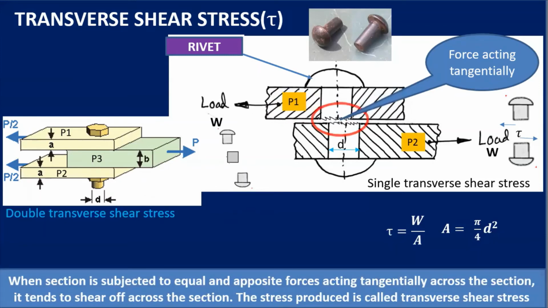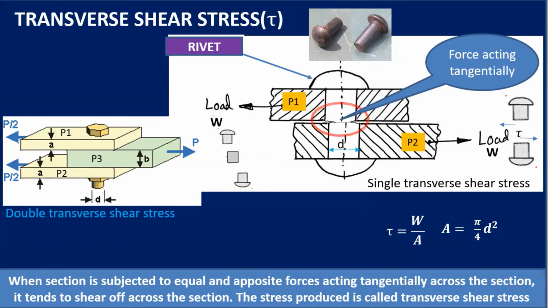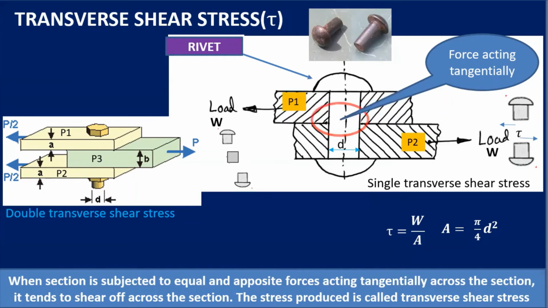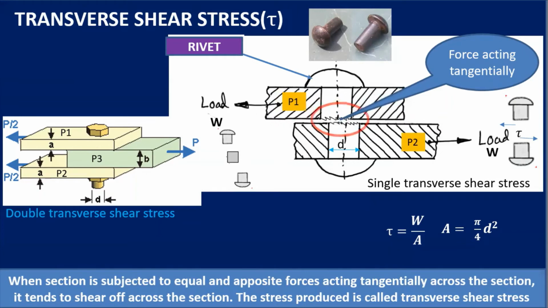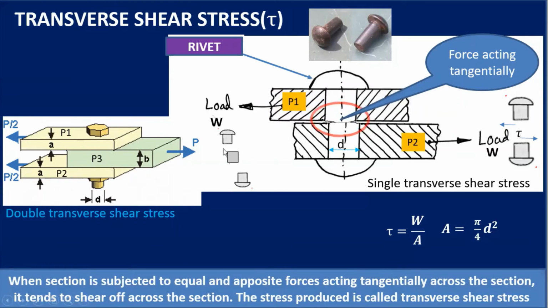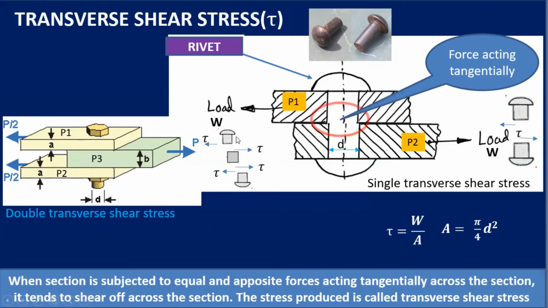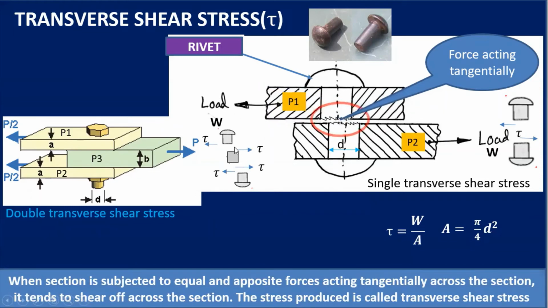Now in this case, when you pull it in opposite directions, two equal and opposite forces are acting tangentially. In that case, this pin breaks into three parts. Ultimately, shearing takes place at this region and this region.